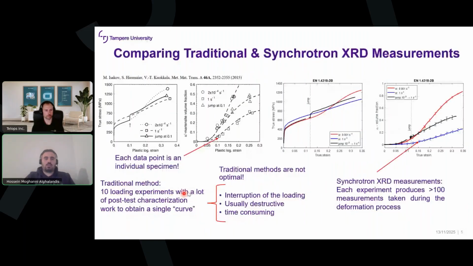In this slide, I want to show the traditional and the synchrotron XRD measurements and compare them. For example, in the traditional method, each of these dots is one specimen. So for getting one curve, you need 10 loading experiments.